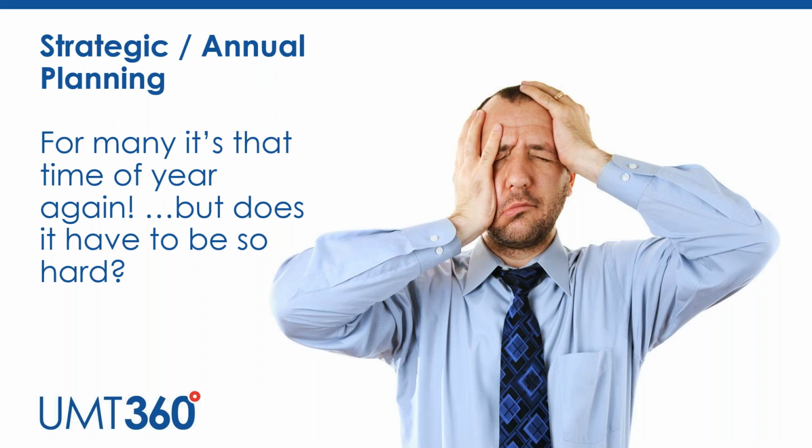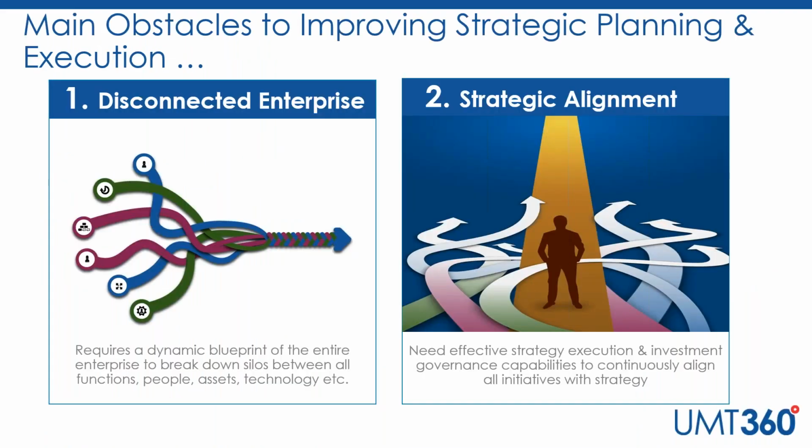It's really about both proactivity as well as becoming more agile in how we make decisions as plans and variables change. So we're going to look at the two primary obstacles you must overcome to improve strategic planning and execution. To me, these two obstacles really are about overcoming and becoming more agile as a business.